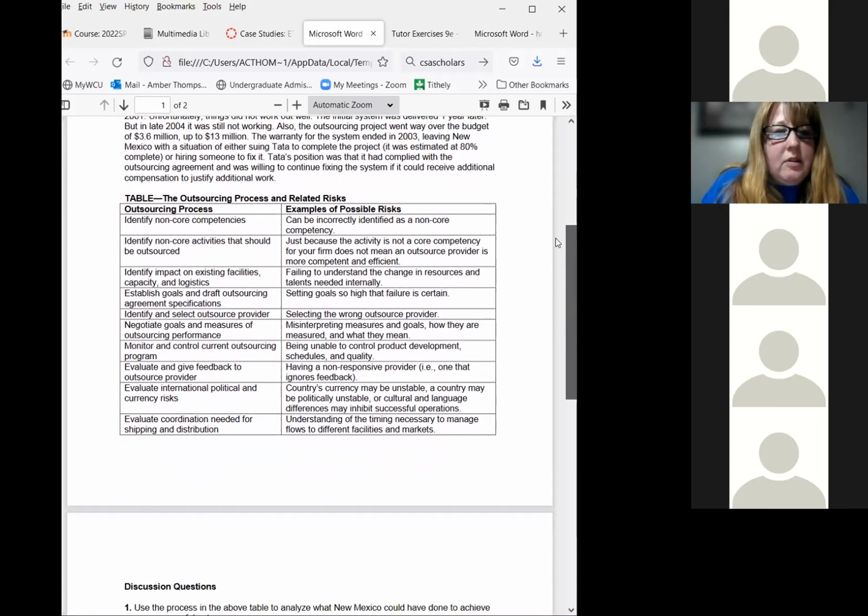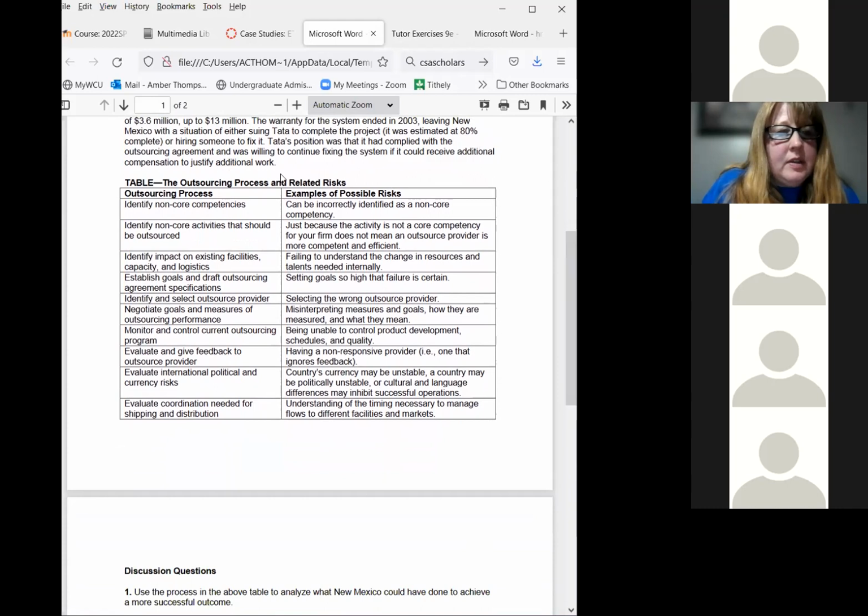So looking at the possible risks and the outsourcing process, but even without looking at any of this, what are some things that New Mexico could have done? They outsourced, or they got a consultant company to handle their workers' comp system.